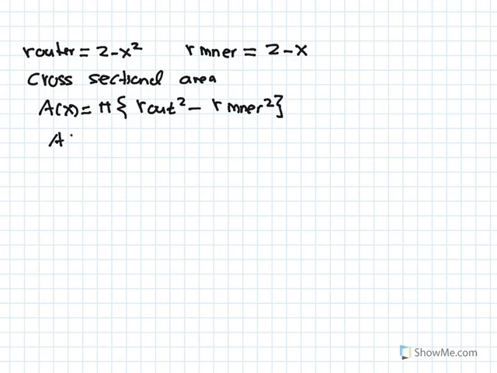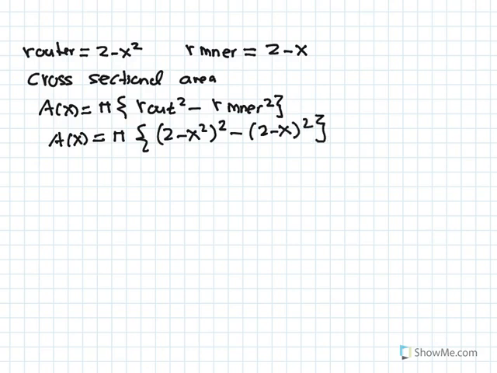So the area is equal to pi times radius outer, we defined it as 2 minus x squared, squared, minus radius inner, which is going to be 2 minus x, all squared. So radius outer squared minus radius inner squared. Pi times that, and we get the area of the cross-sectional slice. So now let's find the washer volume.